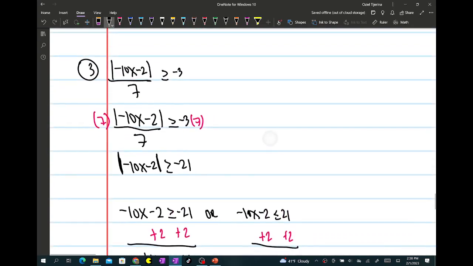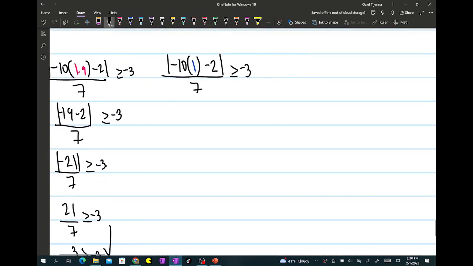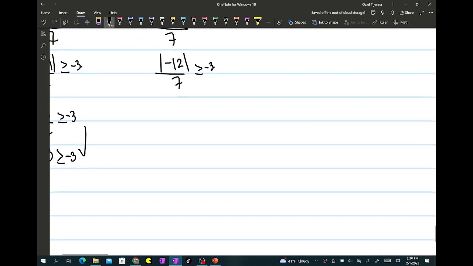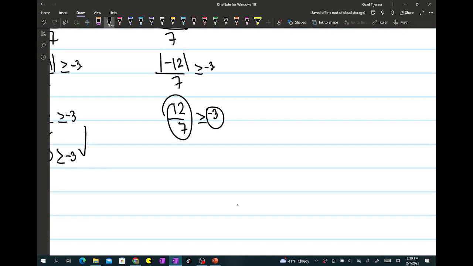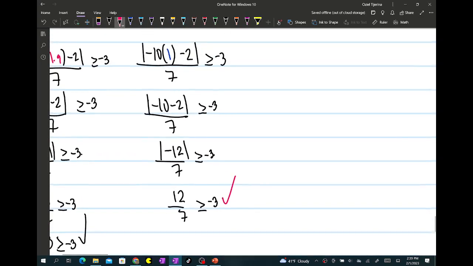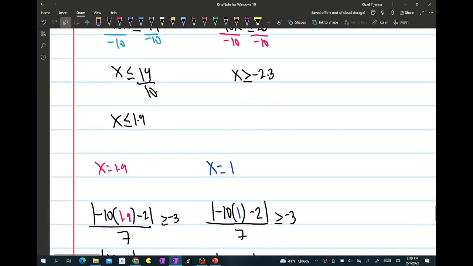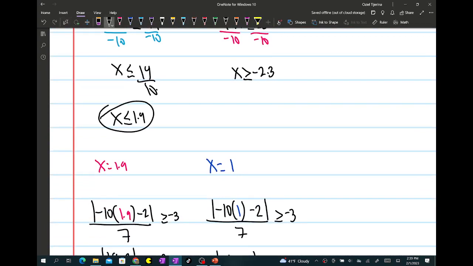So then I get the absolute value of negative 12 over 7 is greater than or equal to negative 3. And then I'm going to get 12 over 7 is greater than or equal to negative 3. Obviously, this is a positive number and this is a negative number. So, I mean, it's true, right? This satisfies that inequality, right? So I can say for sure that x can be less than or equal to 1.9.